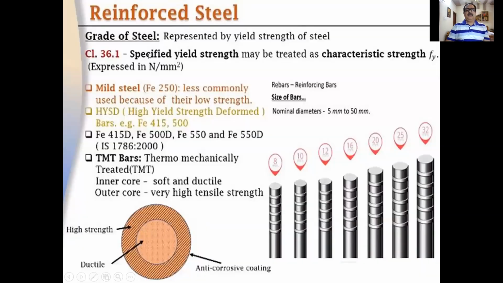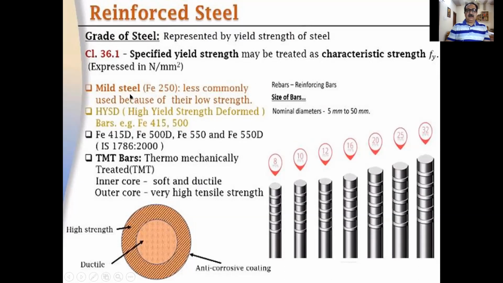Now, if we talk about reinforcing steel, as I have mentioned, it is represented by the yield strength of the steel. Yield strength is the point before failure. Before it fails, this is the point which is achieved. It is known as the safe point, or we can say the yield strength of the steel.